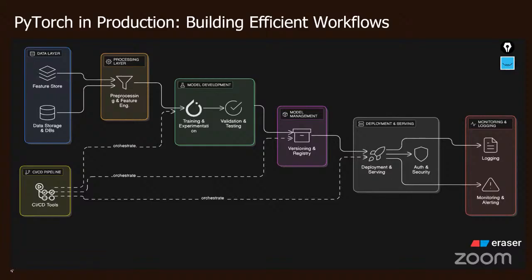Then there comes the data pre-processing or data processing. Once we get data from various data sources or feature sources, we go to the processing layer. Within the processing layer, we have offline processing and online feature logic processing.